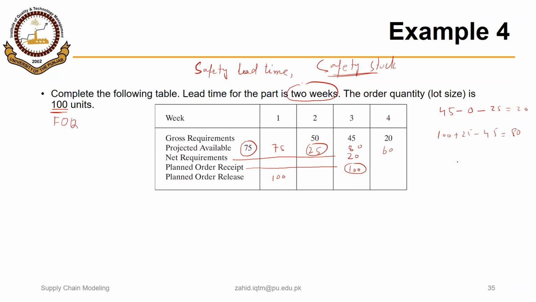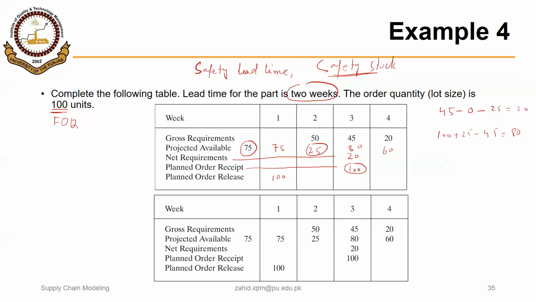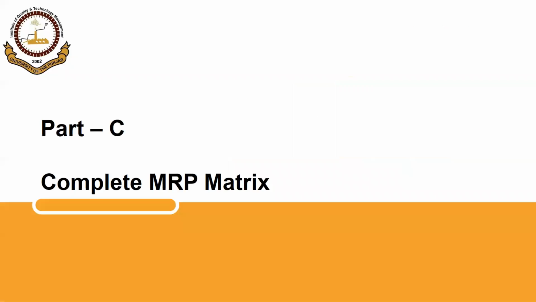But here we were focusing on the net requirements based on zero ending inventory. But when we have a certain safety stock, then the reference will become the safety stock. So our ending inventory should not be less than that safety stock. So we will discuss that point in one of the following examples. So that is the solution.